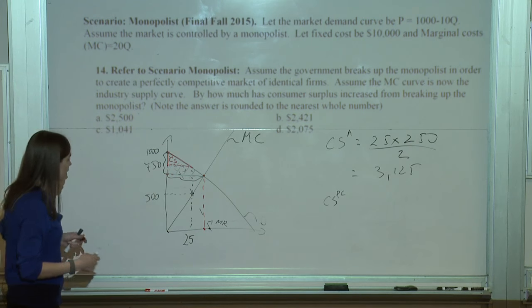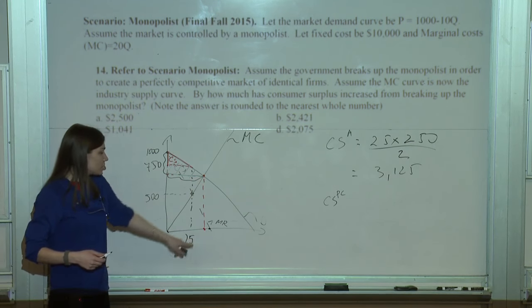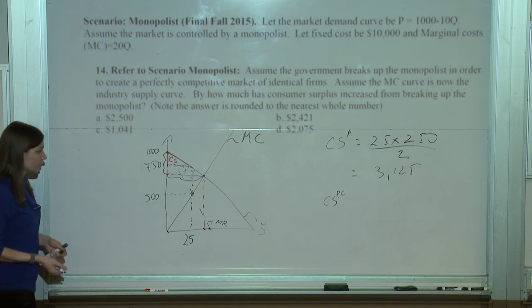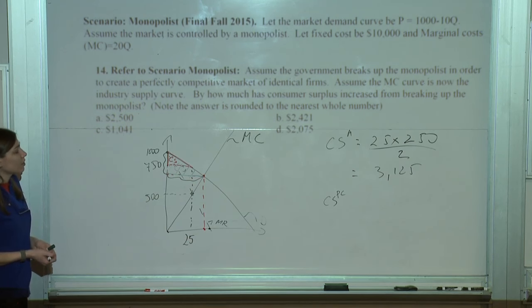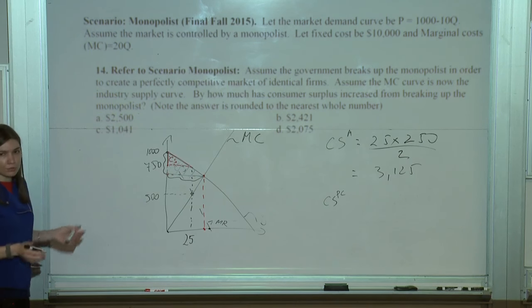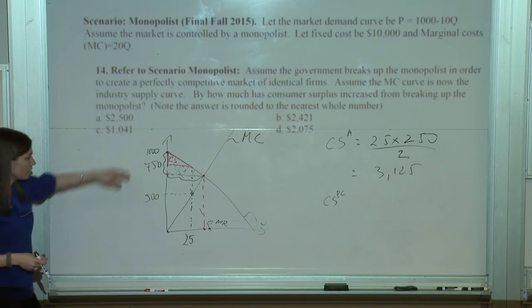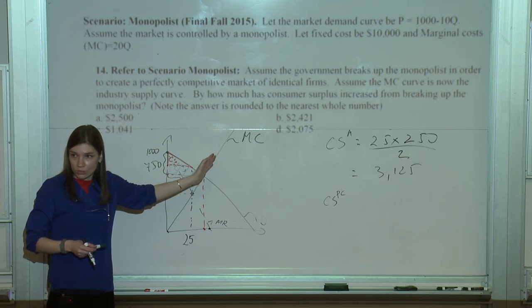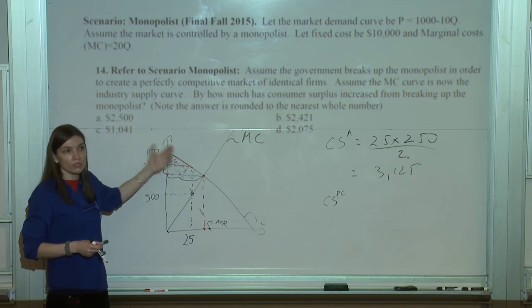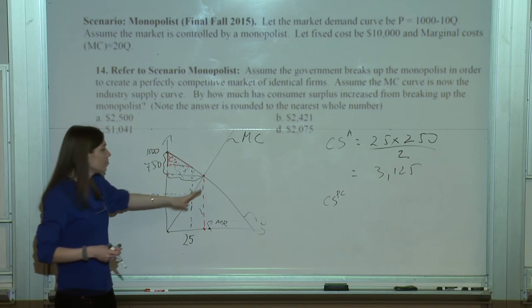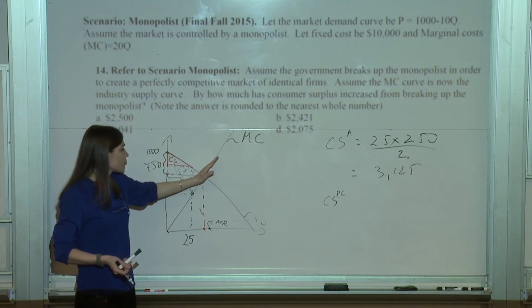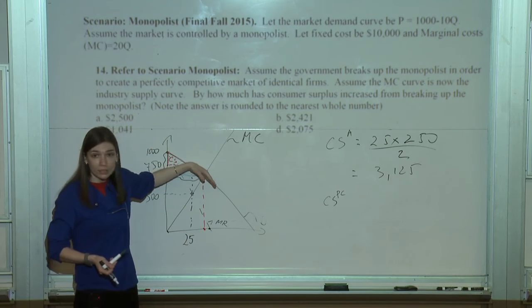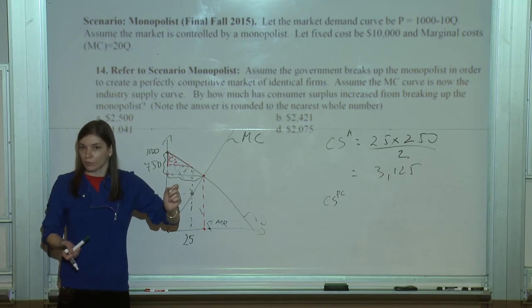And how can I find the quantity? What is the outcome in a perfectly competitive market? What's the decision rule here? The demand is going to be equal to marginal cost, right? Because I'm told that the marginal cost curve represents the supply. So the rule here is going to be whatever the marginal cost equals the demand curve, that's our optimal quantity and price.